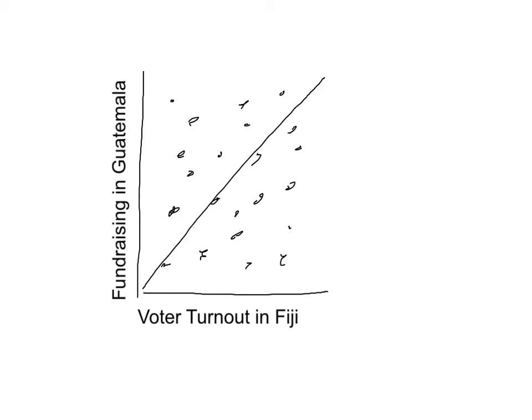It doesn't make sense. We need to look at the p-value for this regression equation to understand the probability that this data and this line we drew resulted from underlying randomness, as opposed to any real connection between voter turnout in Fiji and fundraising in Guatemala, an unrelated country far away.